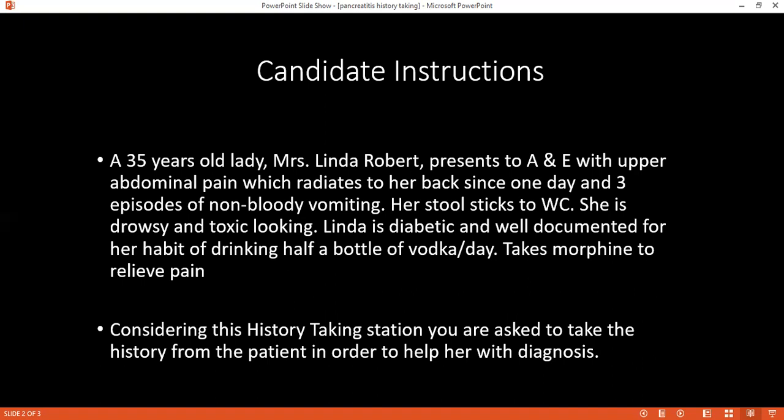Okay, does this pain radiate to your right shoulder? No, not yet, doctor. Okay, have you noticed any yellow discoloration of your skin or eyes? No, doctor. Okay, does this pain increase when you take a fatty meal?